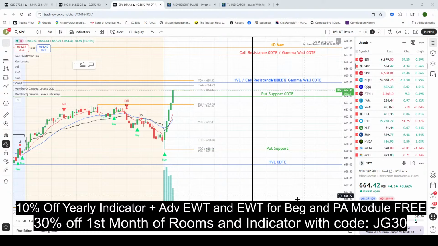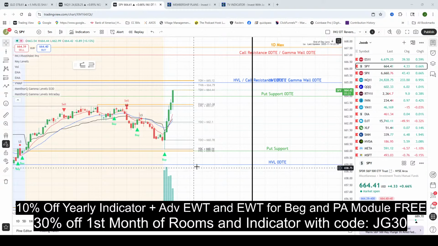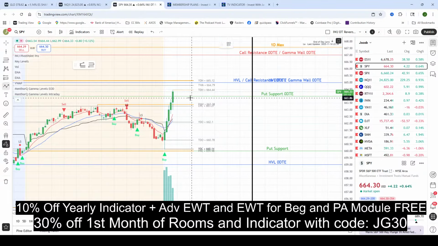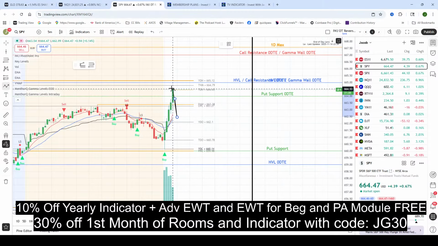And what we're looking at now, guys, is potential trend day parameters. So we're above the pre-market high. Now what we would look for is a back test of the moving averages here, and then a takeout of whatever high they make here. So if they make the high up here, we got to take out that high.